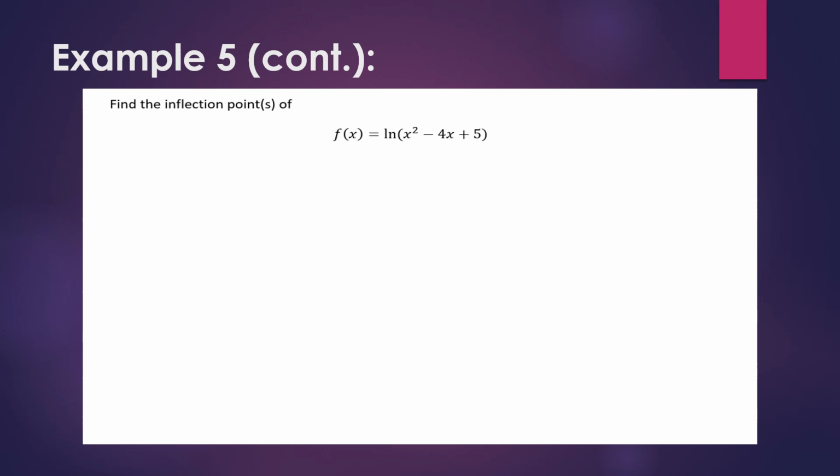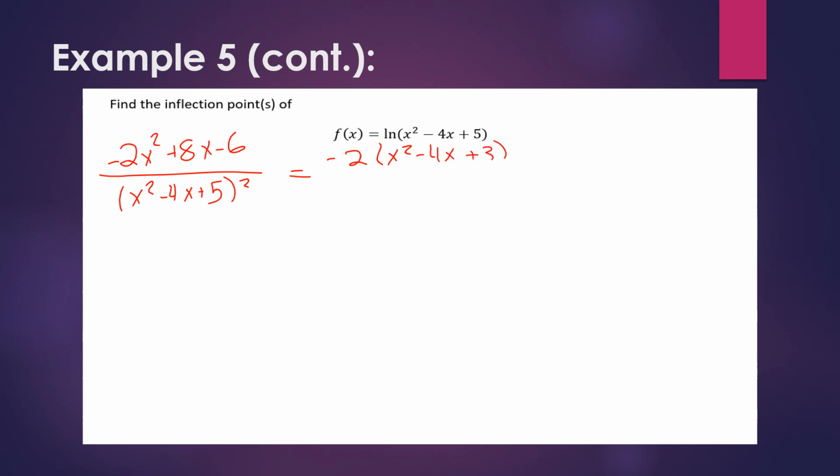So when we left off, we were at negative 2x squared plus 8x minus 6 all over (x squared minus 4x plus 5) squared. In the top, I can factor out a negative 2, so it'll be negative 2 times (x squared minus 4x plus 3).